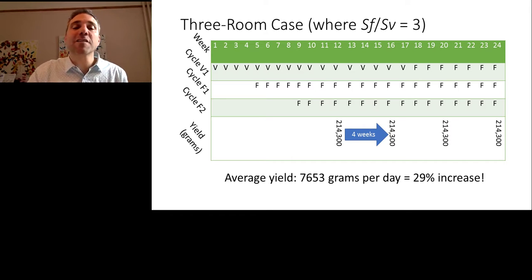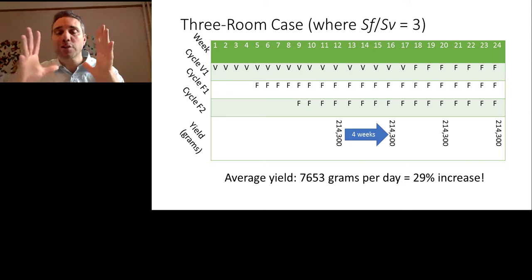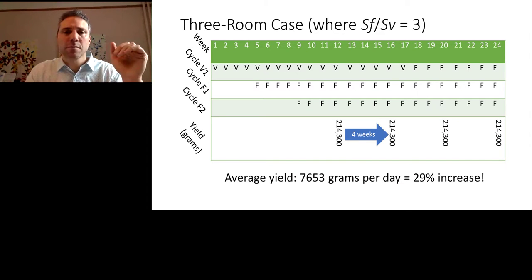So you can think of this loss in the first harvest, which went from 500 in the 1-room case to 214 in the 3-room case, as sort of an investment. You give up 256,000 grams for your first harvest as the investment you make in order to reduce the harvest cycle from 12 weeks to 4 weeks. Okay.